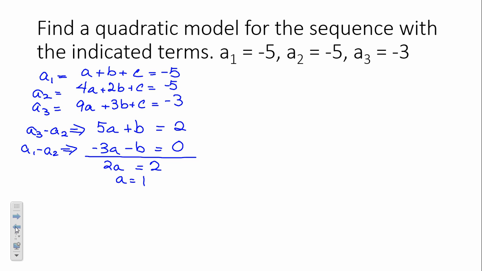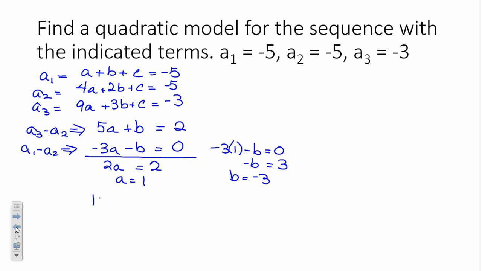Now that we know that a is 1, pick a convenient spot. Doesn't matter which one. -3 times 1 minus b is 0. So -3 brought to the other side will be a +3. So b will be -3. And finally, we need to find out what c is. First equation is the most convenient.